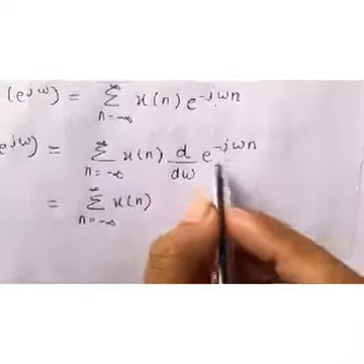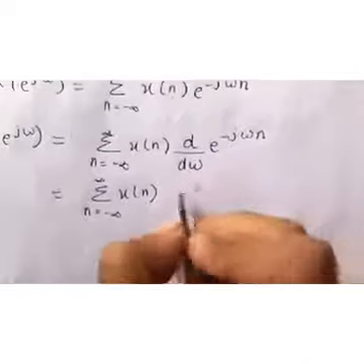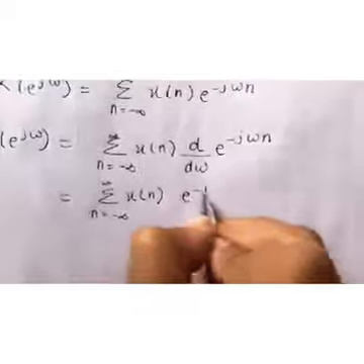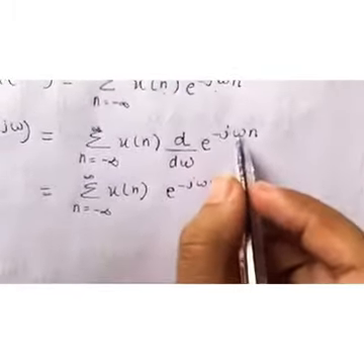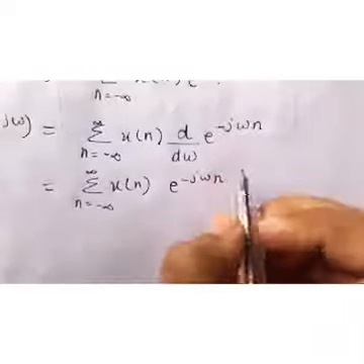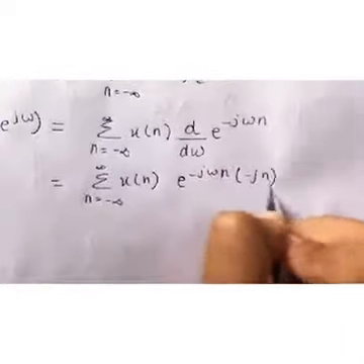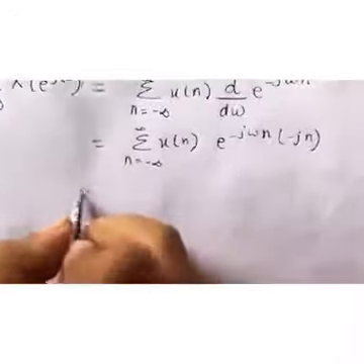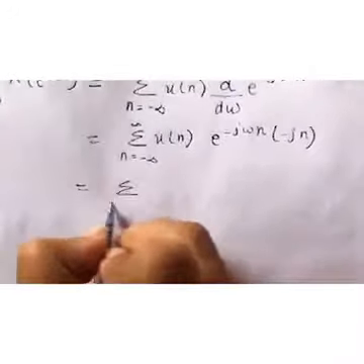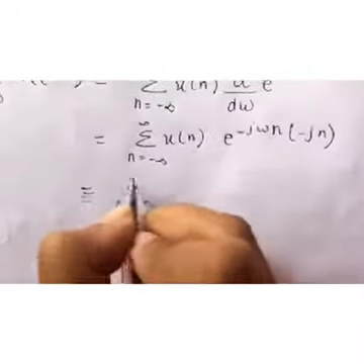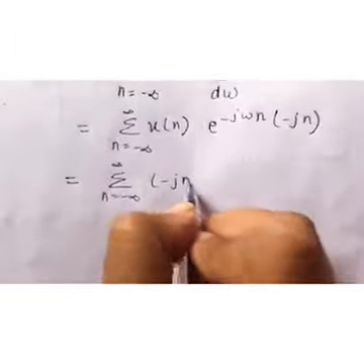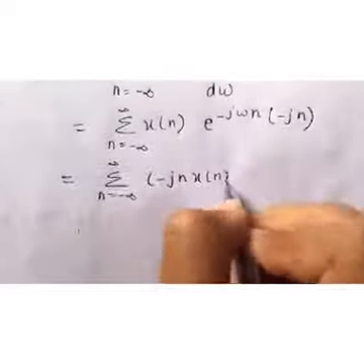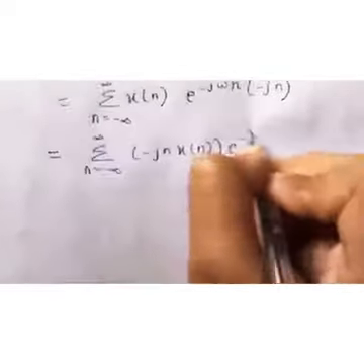The differentiation of e to the minus jωn gives e to the minus jωn, and differentiating again with this we get minus jn. Rearranging the terms, we get minus jn x of n e raised to the power minus jωn.